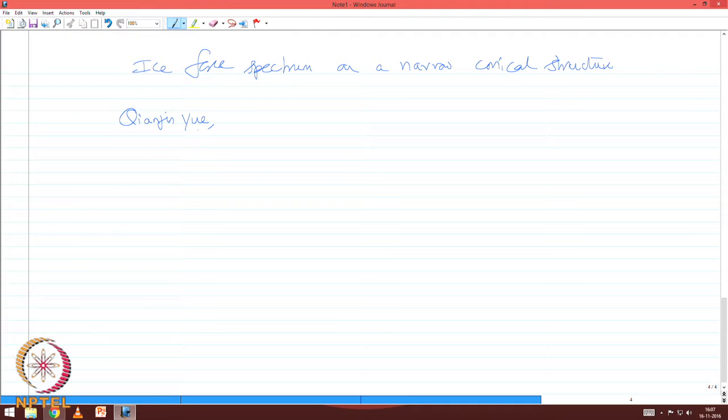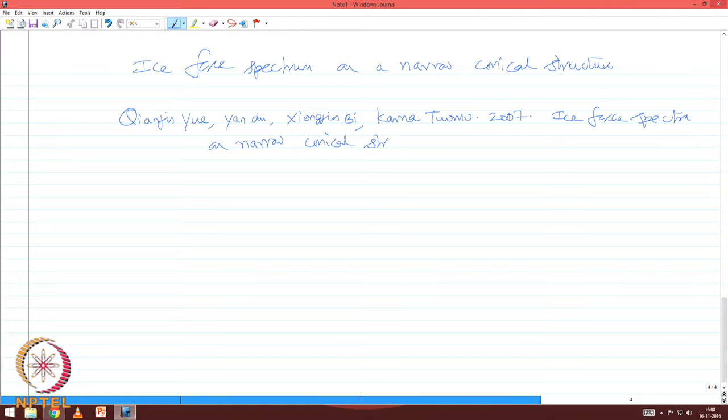Quanjin Yue, Liu Xiangjun, P. Karna, Tuomo, 2007, Ice force spectra on narrow conical structure, Journal of Cold Regions Science and Technology, 49, 161-169.